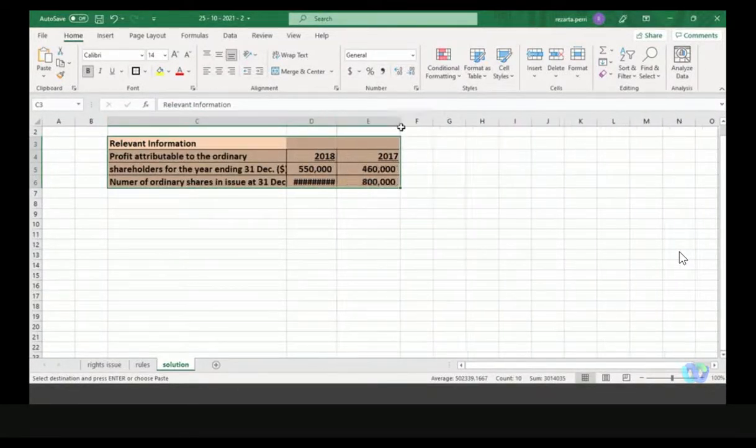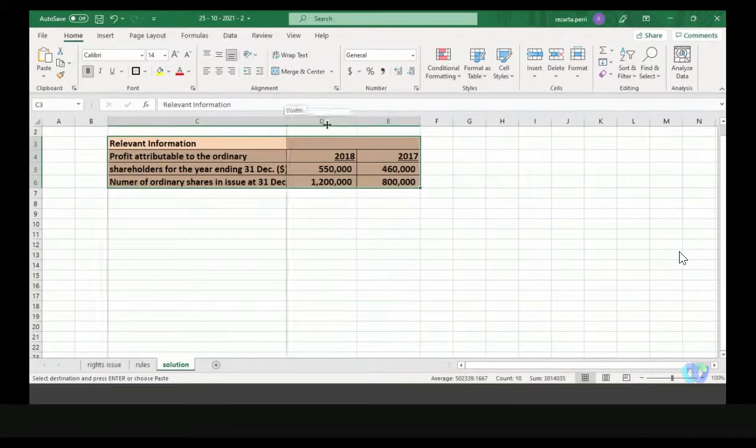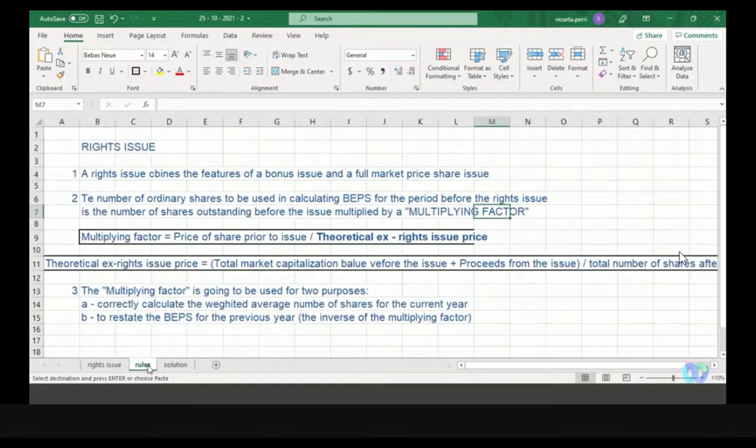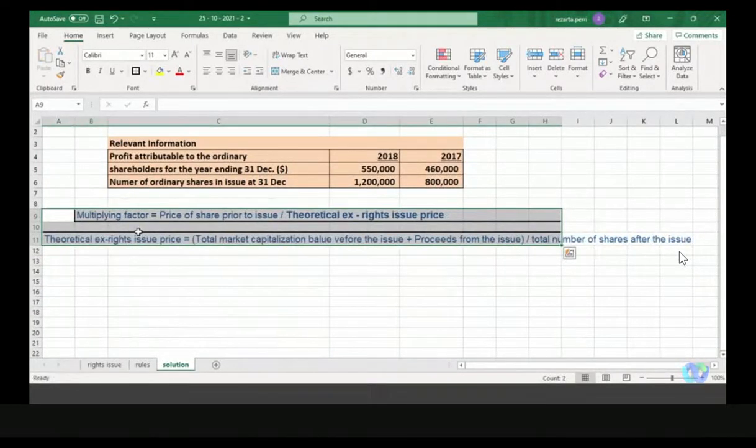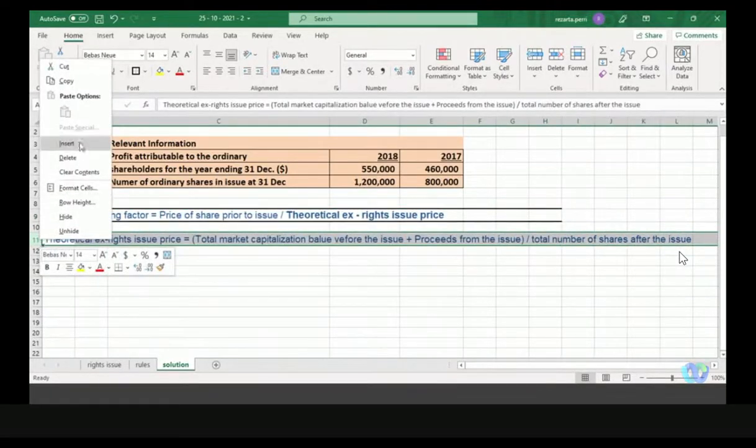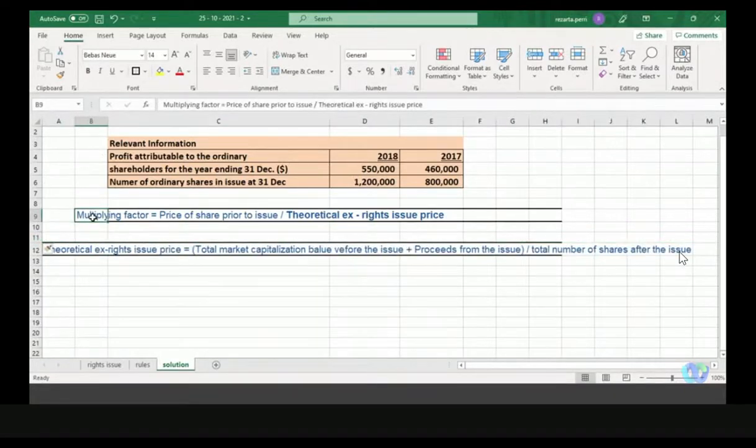I'm also taking into account the two formulas that I need before I apply them. First we need to calculate a multiplying factor, but in order to do that, I need to first calculate the theoretical ex price. So let's start with the calculation of the theoretical ex price.